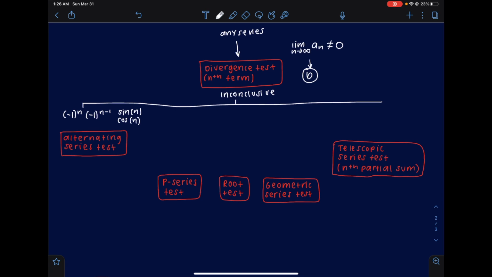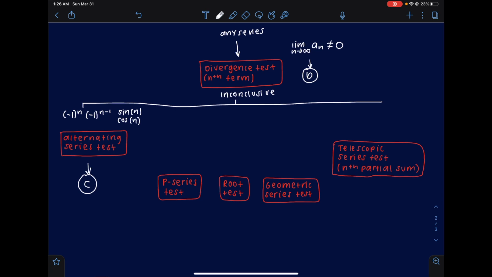To refresh your memory, this is a test where you basically take the absolute value of the series and you look to see if it is decreasing and if the limit of that series equals 0. If so, you have proven convergence of the original series.